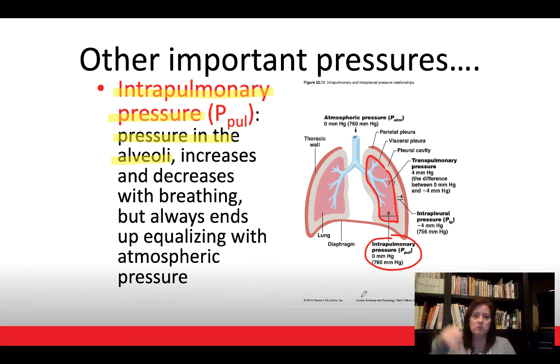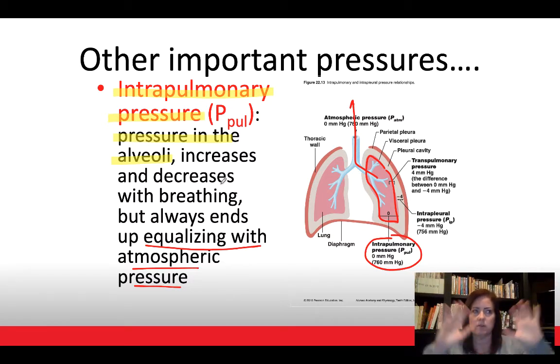Now, this is going to increase and decrease as we breathe, but ultimately, because the inside of our lungs is continuous with outside of the body, it's always going to end up equalizing with atmospheric pressure. Basically, we can create an increase or a decrease, but over time, it's going to end up equalizing with the atmospheric pressure on the outside of our body, okay? Because this is a continuous passageway between the outside and the inside of our lungs, okay?